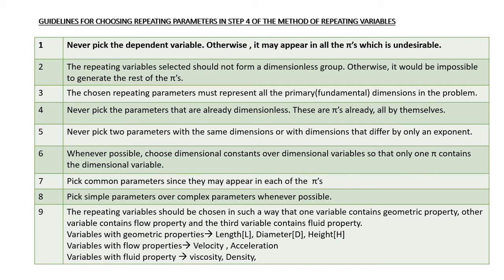We have to choose each parameter from each one: geometric, flow, and fluid property. I have just written a few examples for understanding purposes. Geometric properties are like length, diameter, height. Flow properties are like velocity and acceleration, and fluid properties are like viscosity and density.